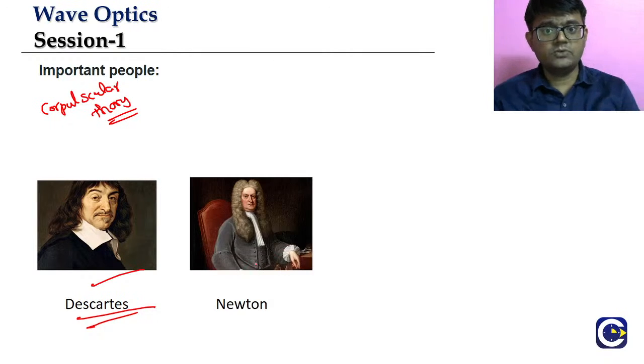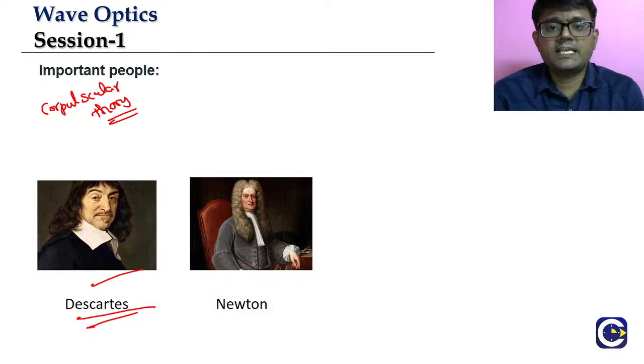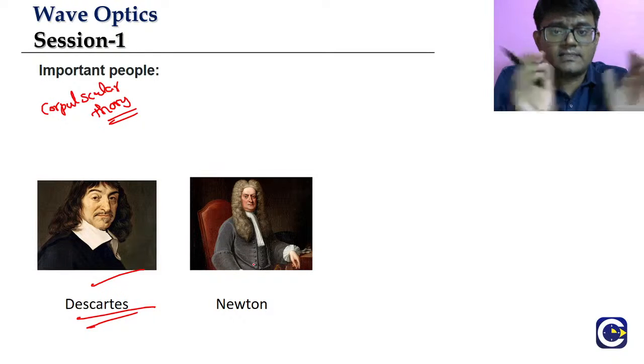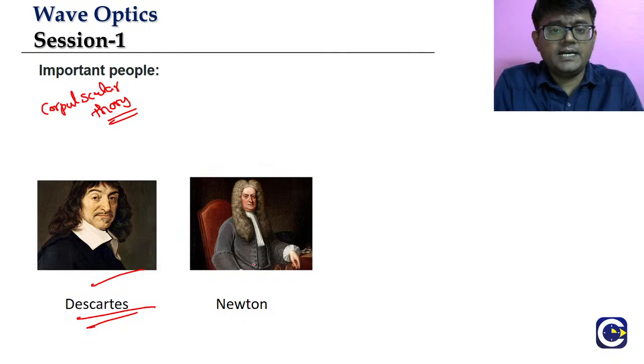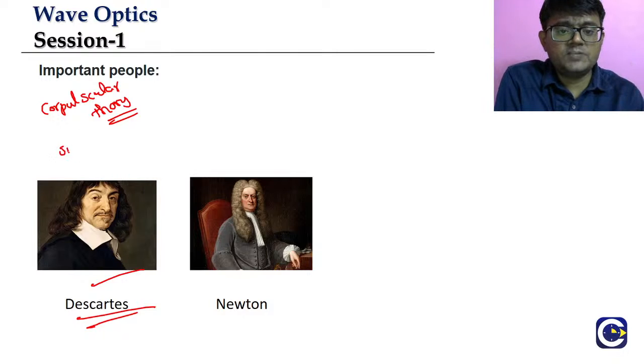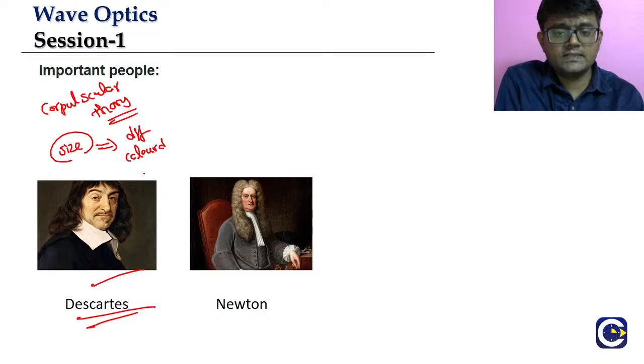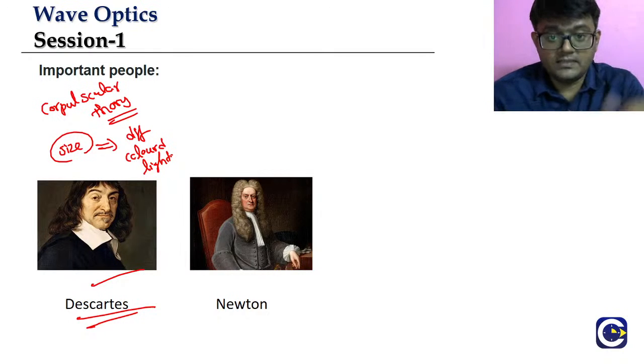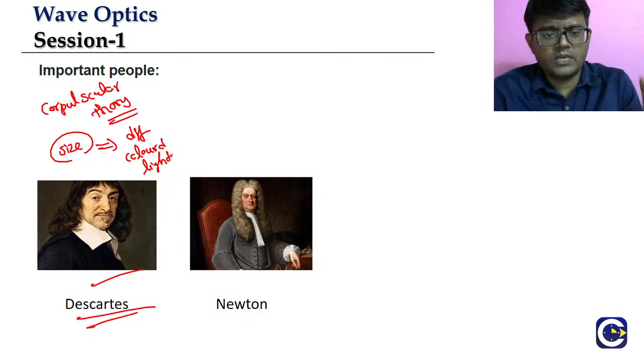So Isaac Newton further expanded the corpuscular theory, which considered that light consists of particles, and the size of these particles will be different for different colored lights. So for yellow, the size of the particle will be different, for green, the size of the particle will be different, and so on, okay.